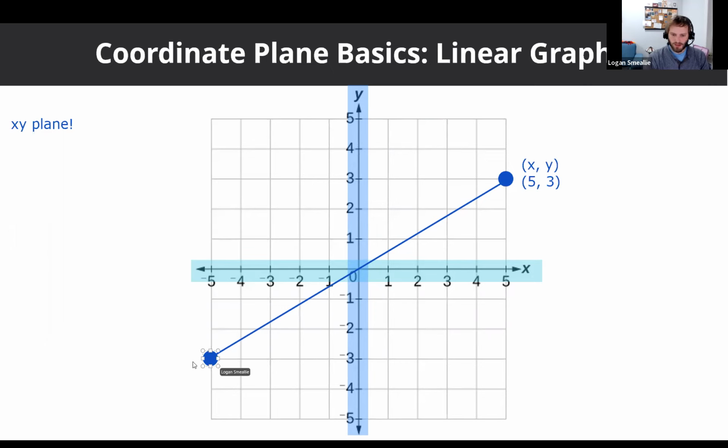The line, by the way, might keep going. In fact, technically every line keeps going forever, but we'll just deal with the part here on the graph. The chunk of the line that begins and ends is called a line segment. Okay, so this point down here, we would have -5, -3 for those coordinates.